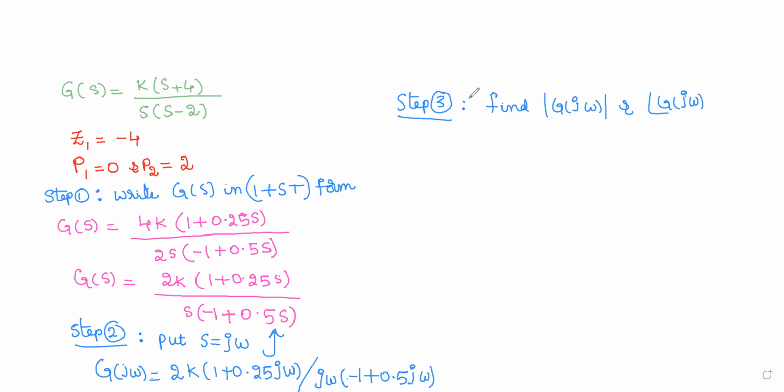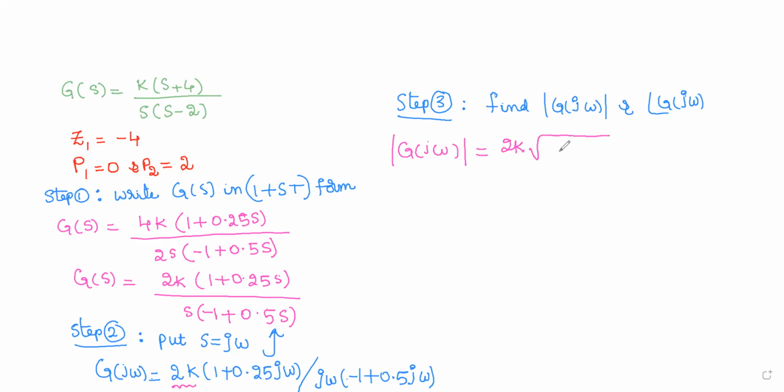Okay. So now write the expression modulus G(j omega). So observe, this is constant 2K, means it is a pure real number. In this, imaginary part is 0. So root over (2K) whole square plus 0 square remains 2K only.